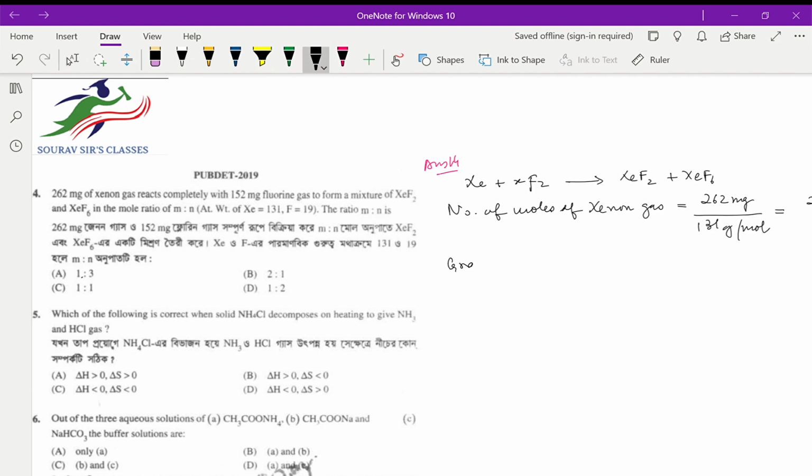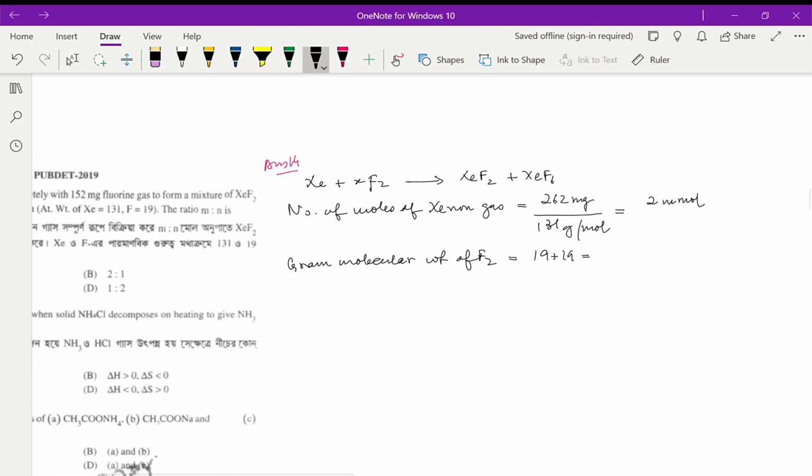Now for the gram molecular weight of the diatomic F2 gas, it will be obviously 19 plus 19, that is going to be 38 gram per mole.